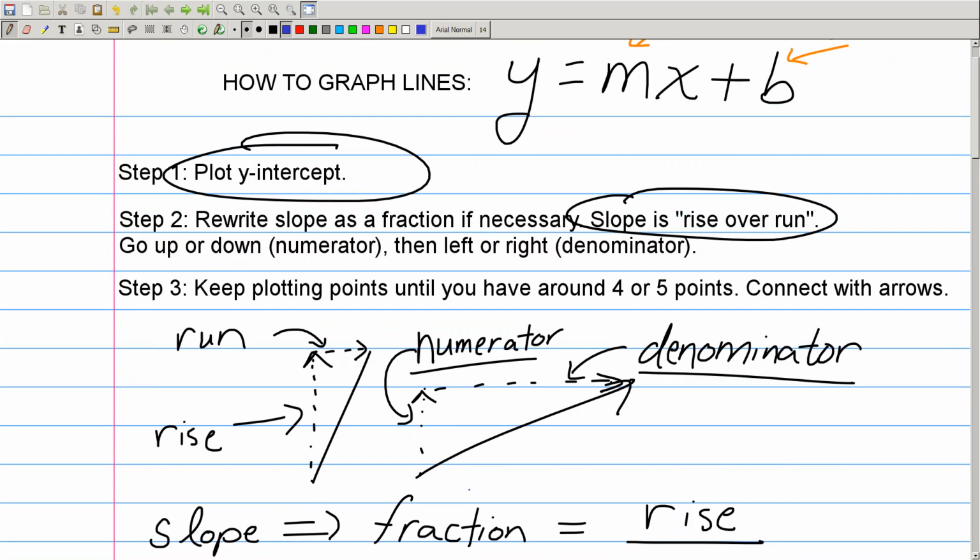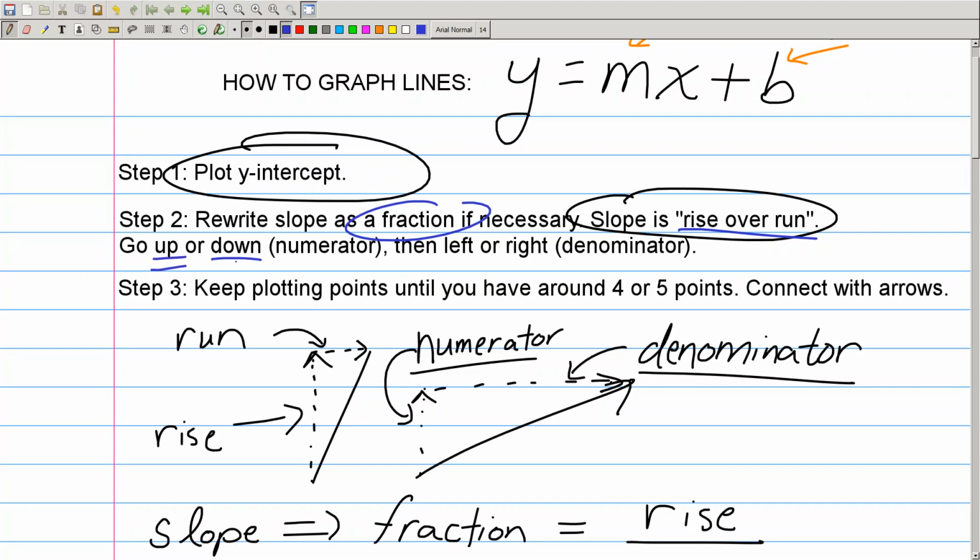So again, let's go through this one more time. You start with the y-intercept, you plot it, then you rewrite the slope as a fraction, and the fraction basically tells you how the line rises and how the line slants. So if you see a positive in the numerator, it means go up.